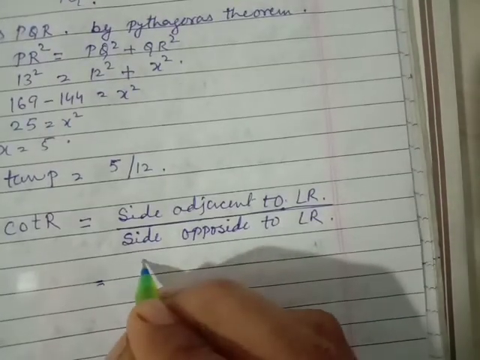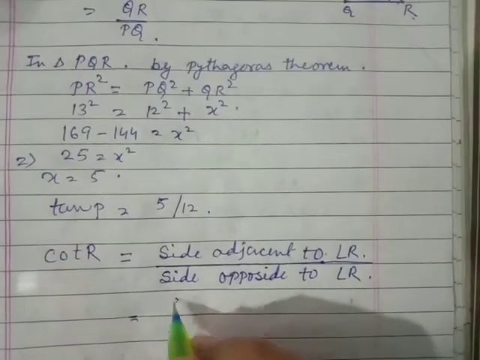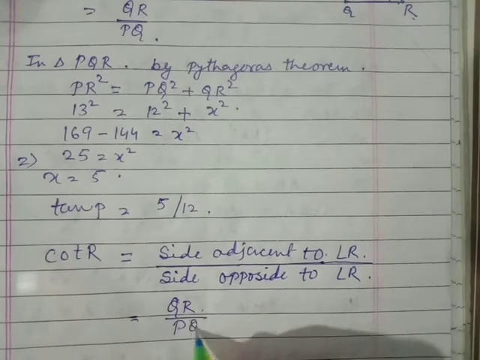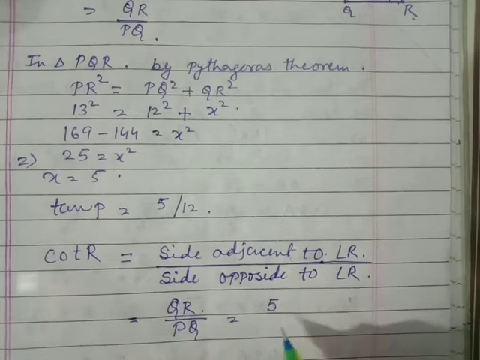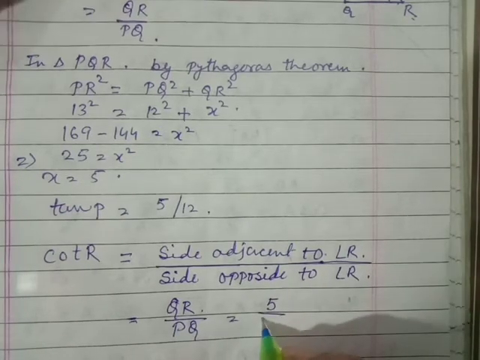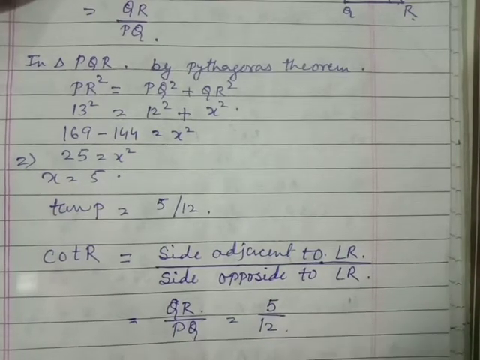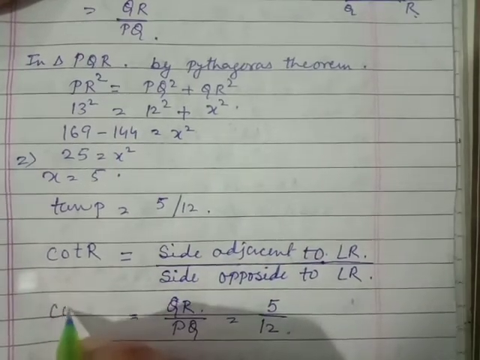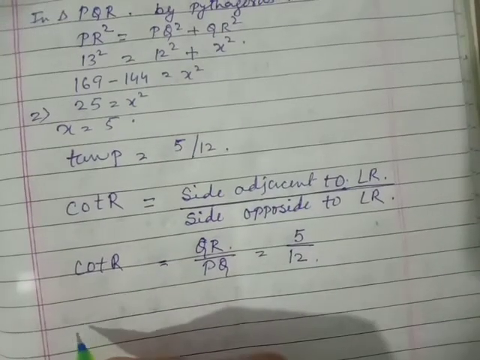So this will be QR upon PQ. QR is 5, PQ is 12. Now we want to find tan P minus cot R, so let us find it.